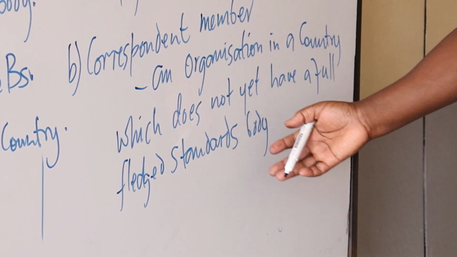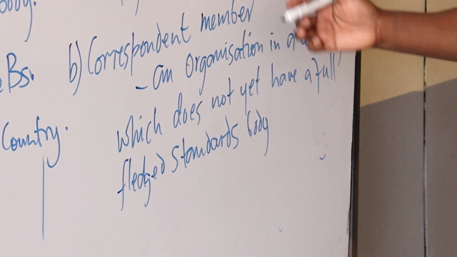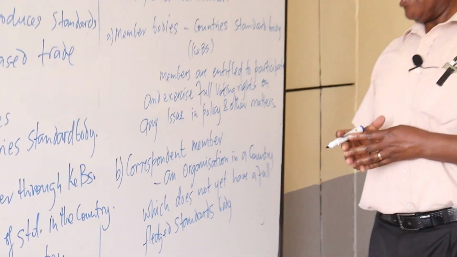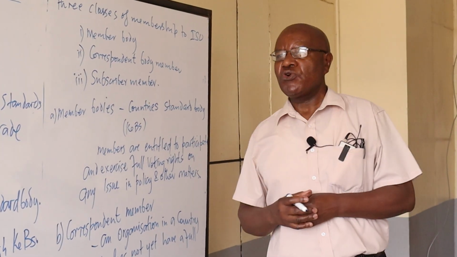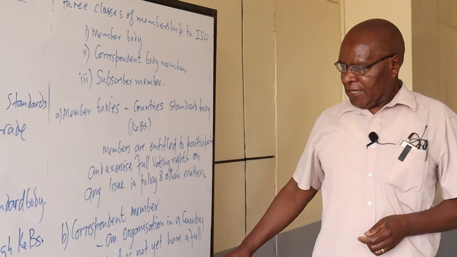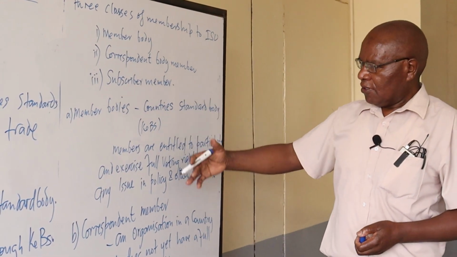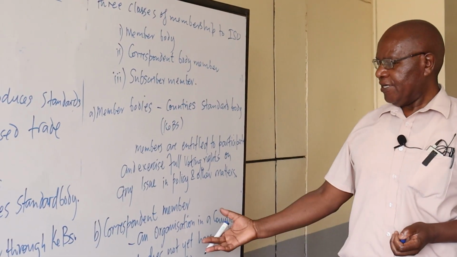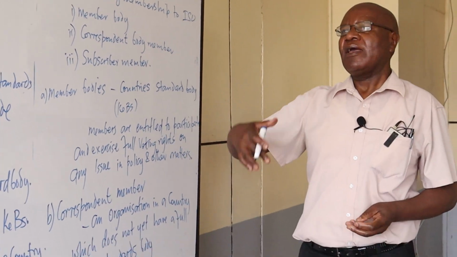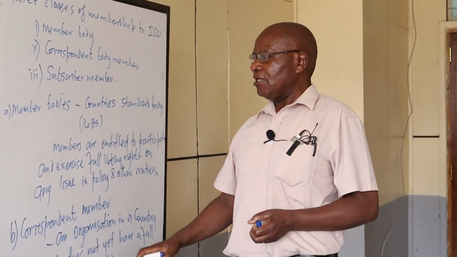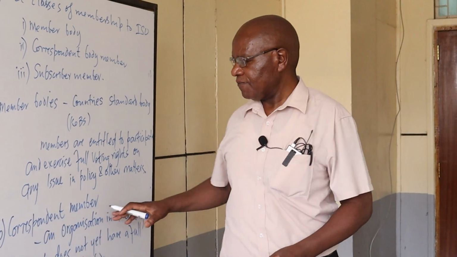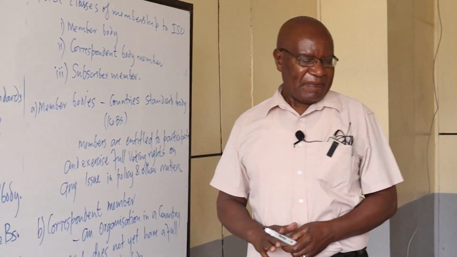Now, in Kenya, before the KEBS came in, we used to have the Kenya Association of Manufacturers. It was the body that was known. So in that case, before the KEBS came in, the KEAM would apply for membership at ISO, and then the membership they would have gotten would be the correspondent membership.